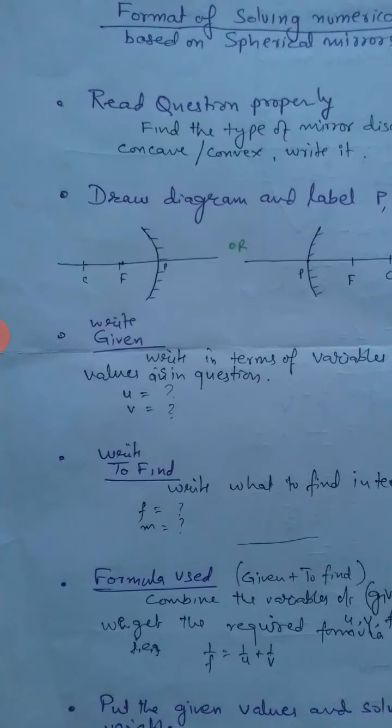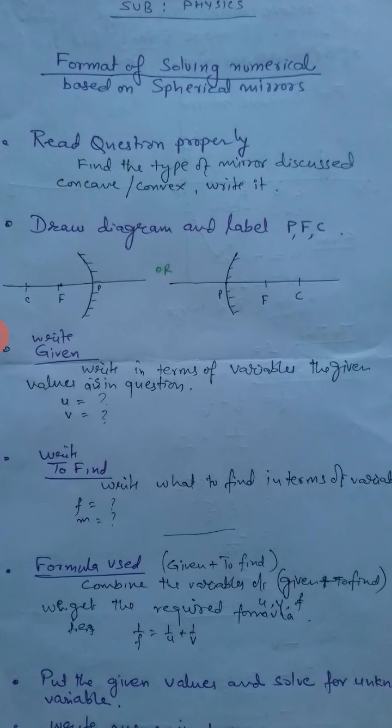Under this heading given, you have to write the variables which are given in the question, like u for the distance of the object from the pole, v for the distance of the image from the pole, h for height of object, h dash for height of image, small f for focal length, capital R for radius of curvature, small m for magnification.